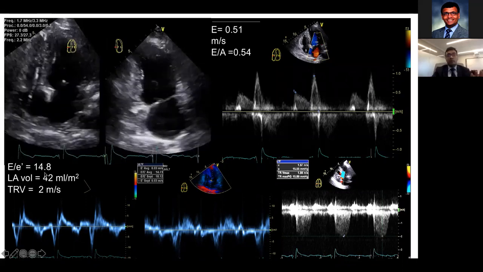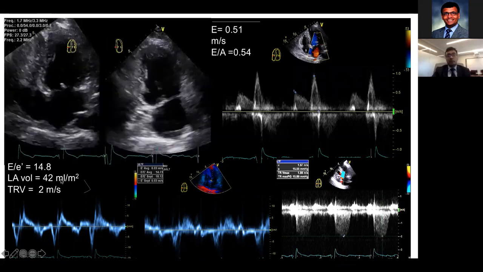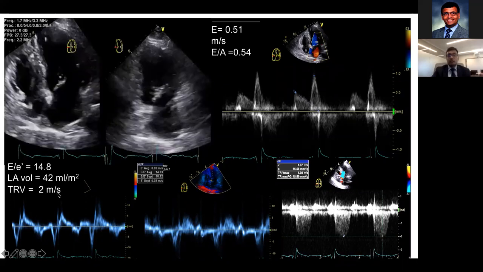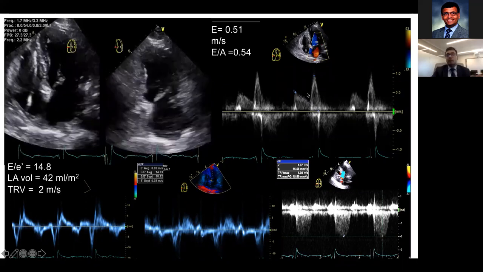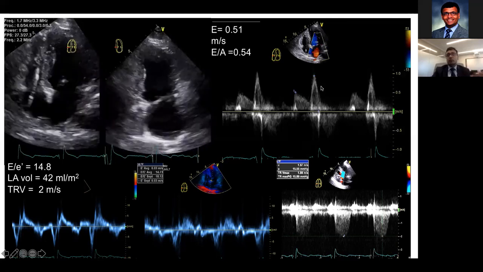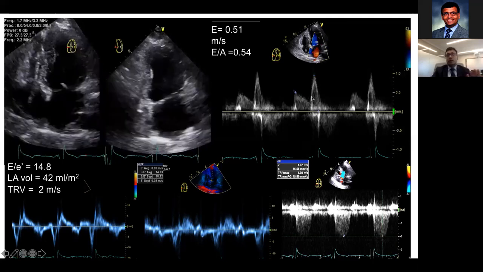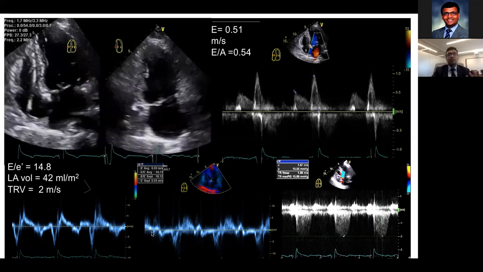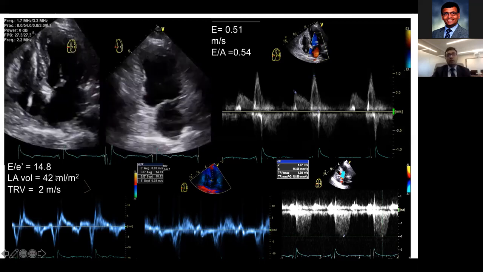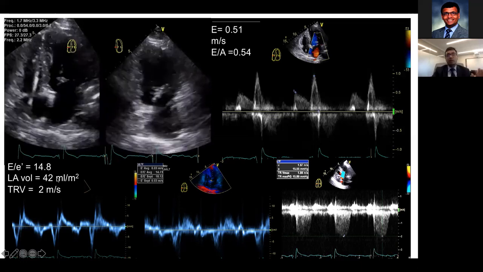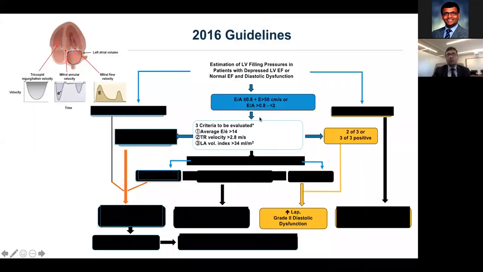E by E prime is elevated. LA volume is elevated. TR velocities are normal. So you have a situation here where the E by A ratio looks normal or less than 0.8, yet there are two features which are abnormal, and that is E by E prime is increased and LA volume is increased.